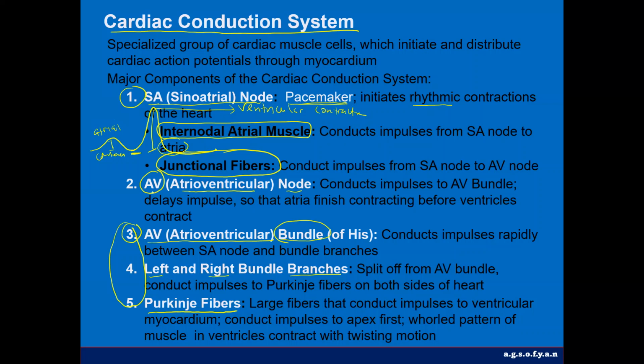This delay happens when the impulse reaches the AV node. Therefore, when our cardiac muscle contracts, there are actually two contractions. The first one is the atrial contraction, and after that the atria relax. It will be followed by the ventricular contraction, and then after that the ventricle will relax. It will be followed by the atrial contraction.